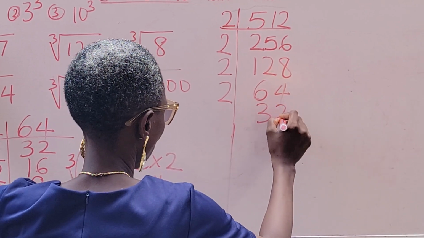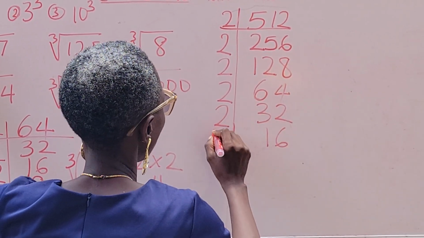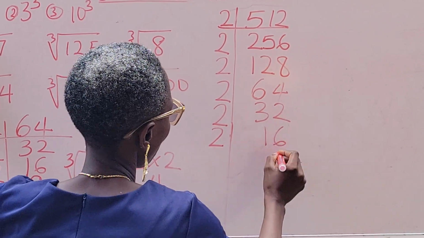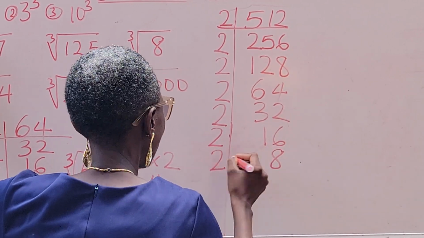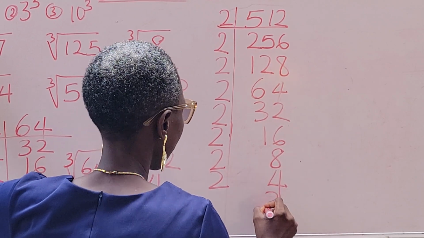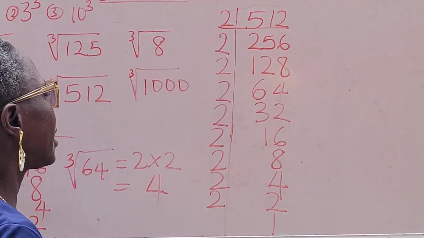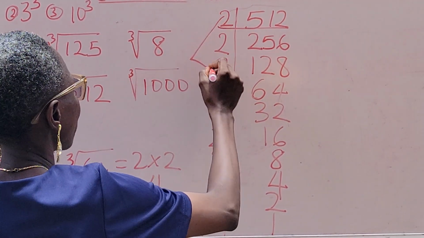We have 16. 2 can still be used. We have 8. 2 can still be used. We have 4. 2 can still be used. We have 2. 2 can still be used. We have 1. In this case, we are taking it in threes.